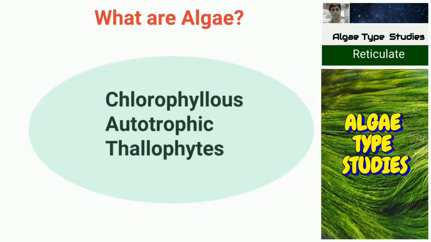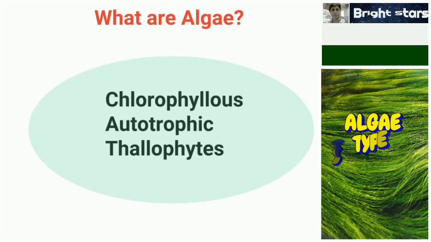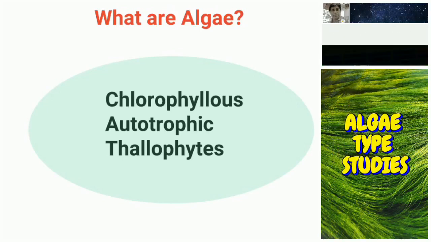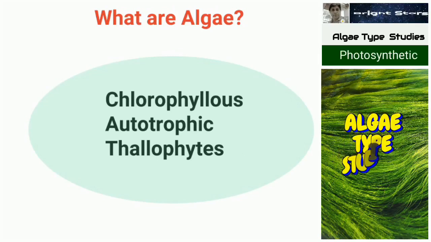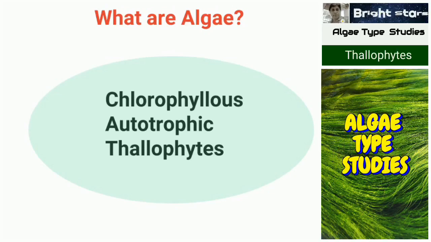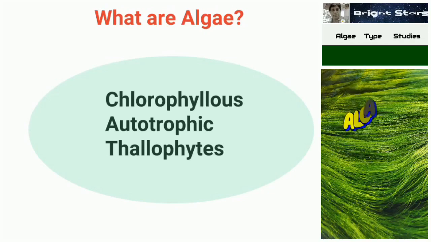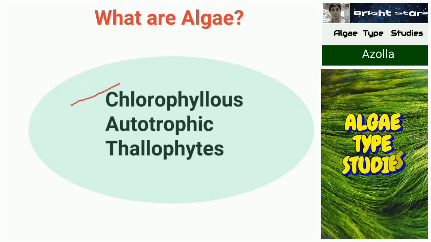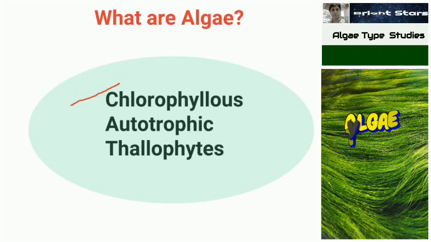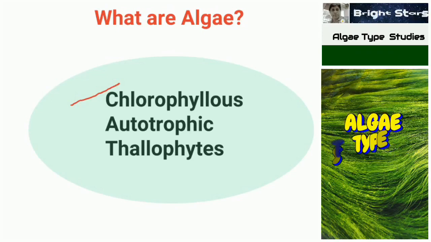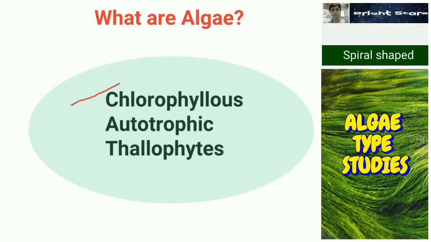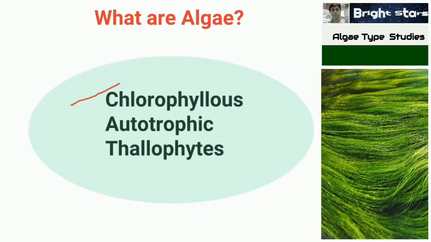We should know what is meant by algae. Already we have discussed what is meant by algae in the previous videos. The word chlorophyllous, chloros means green, means these organisms are green because of the presence of a special photosynthetic pigment called chlorophyll.